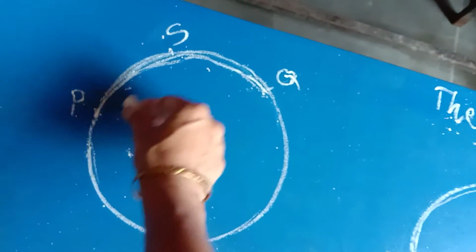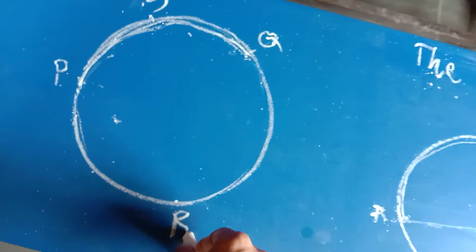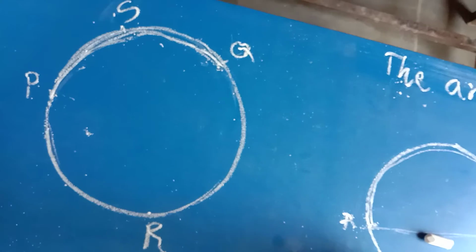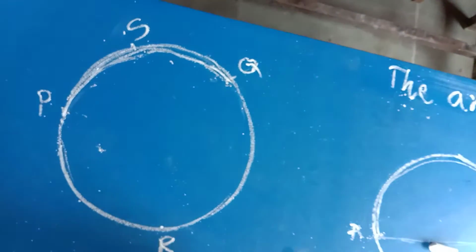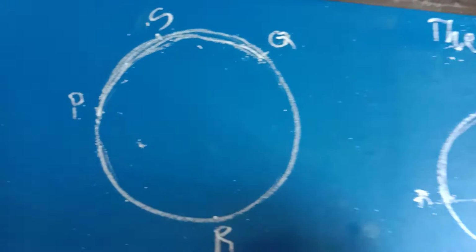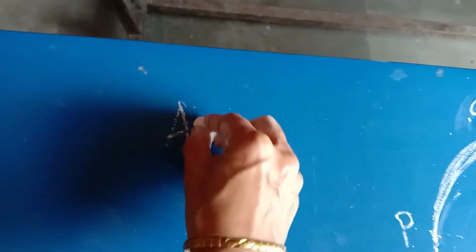Look here, here is point S and here is point R. That means there are 3 letters in this figure. In this figure there are 2 arcs. अभी यहाँ पे 2 arc बन गए. What is the name of this arc?